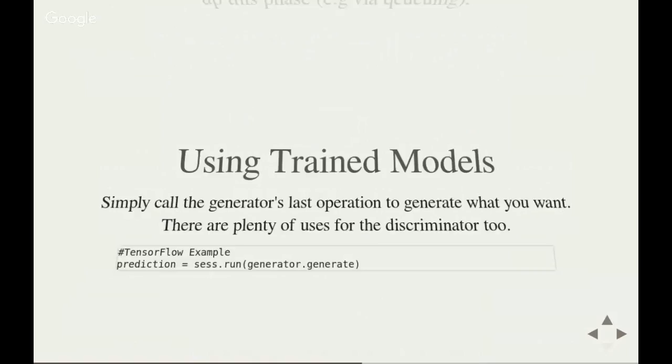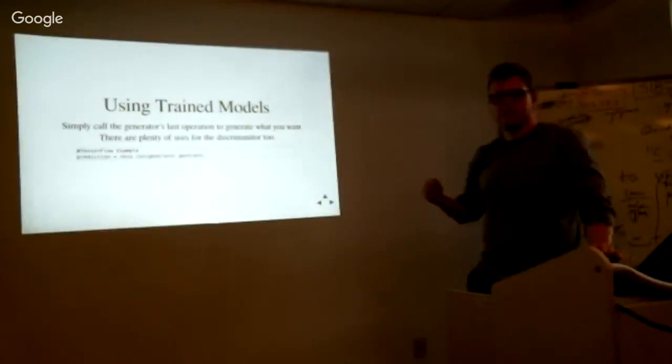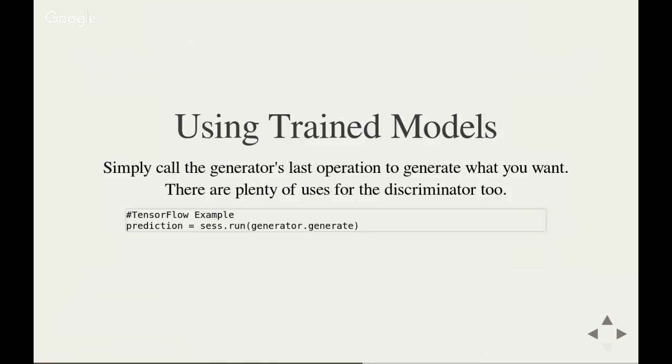When you're going to use your trained models, in TensorFlow, for example, you would simply call that generate op once your model has been trained to get that generated data. And there are lots of uses for the discriminator too.